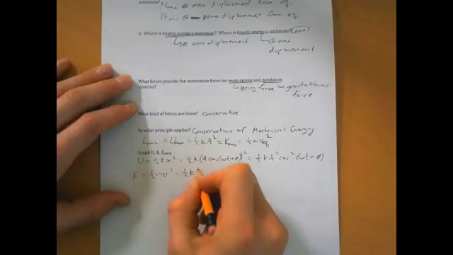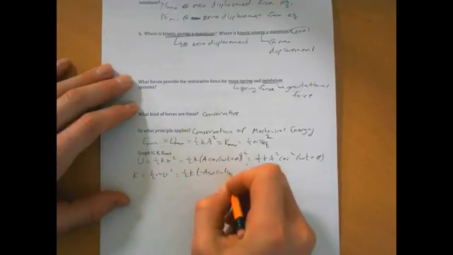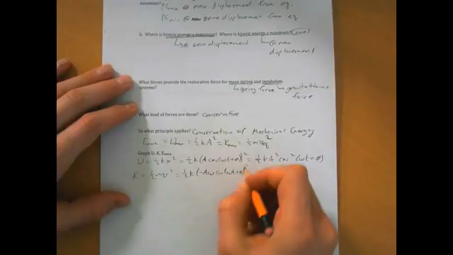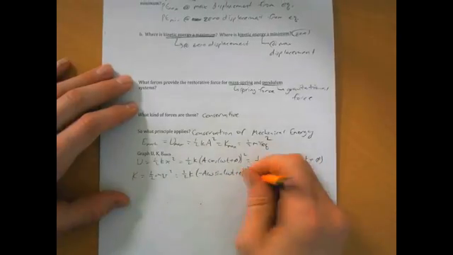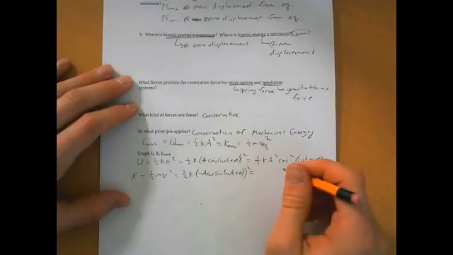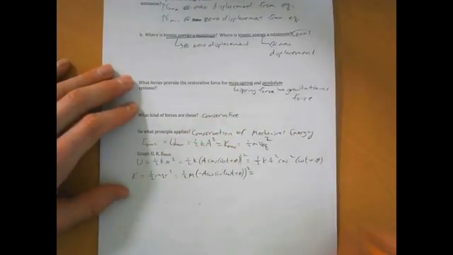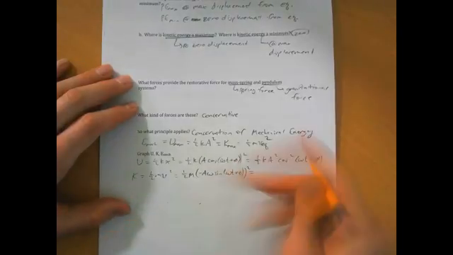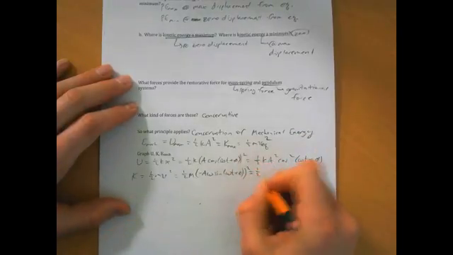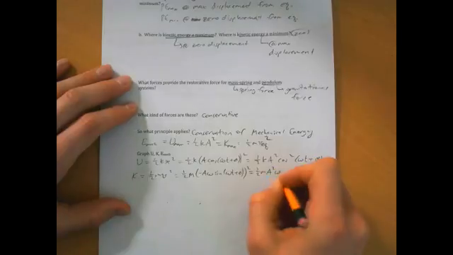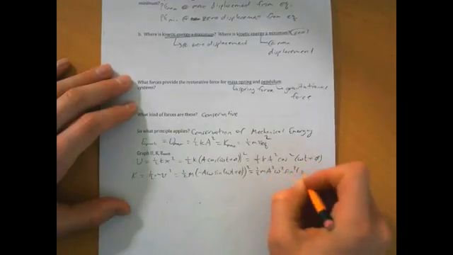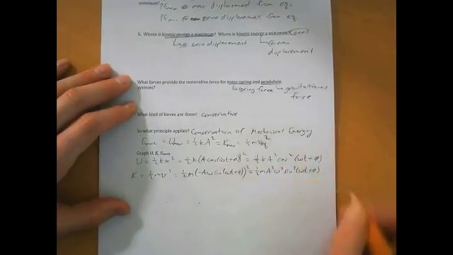1/2 m v squared. Well, velocity is minus A omega sine of omega t plus phi, squared. So that's 1/2 m A squared omega squared sine squared of omega t plus phi.